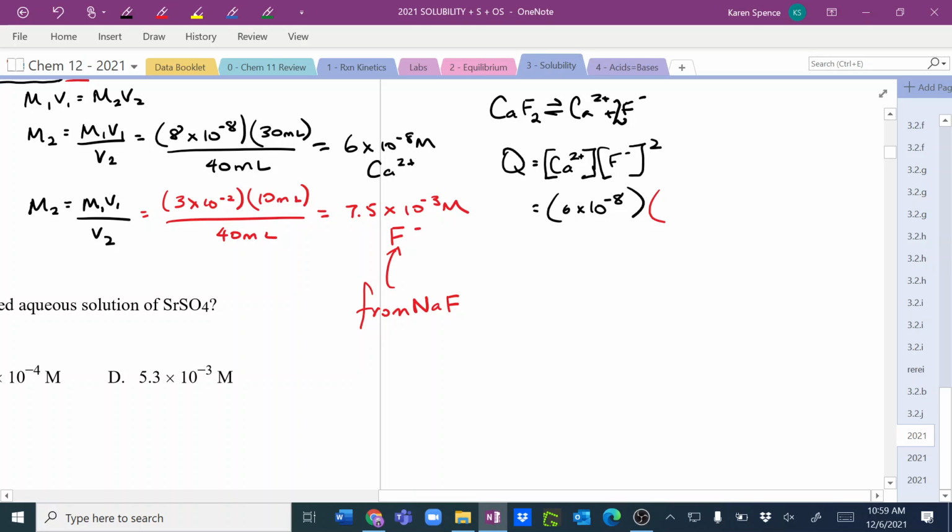It's just 7.5 times 10 to the negative 3. It's not double that. It just means that when it reacts with calcium, it'll take 2 fluorides to react with every calcium. It doesn't mean that there are 2 fluorides present for every calcium. It just means that's the ratio in which they will react. So we have 7.5 times 10 to the minus 3. And we get 4.5 times 10 to the minus 10.